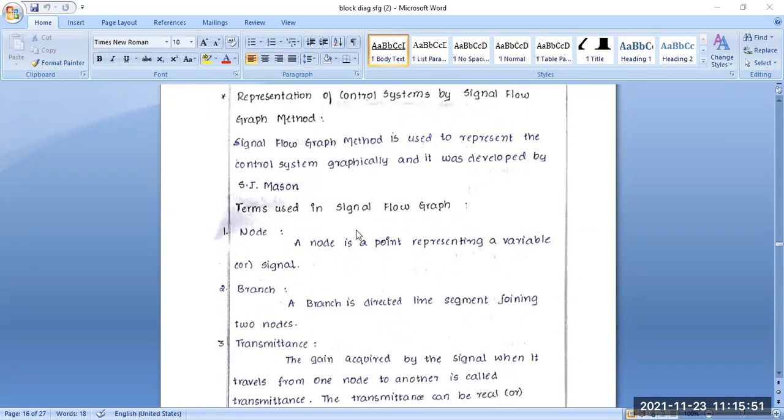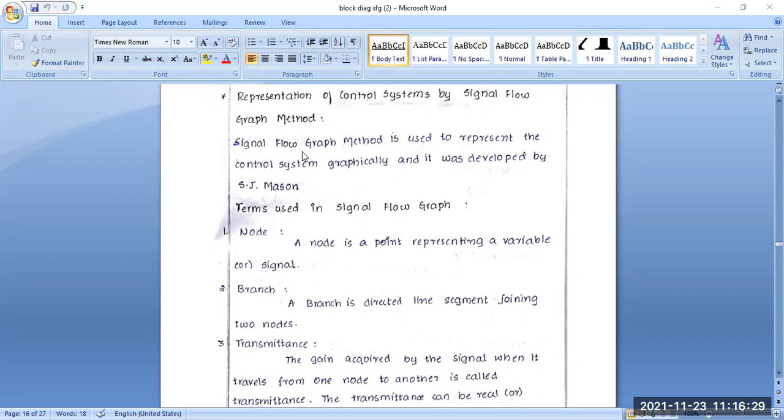Is it clear to all of you what a signal flow graph is? Yes, sir. This method was first developed by the scientist S.J. Mason. In your syllabus there is the Mason gain formula, and using it we solve the signal flow graph method to reduce big transfer functions.